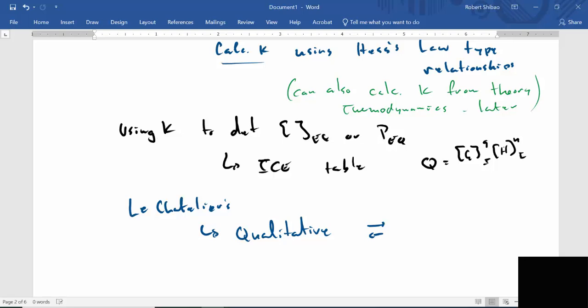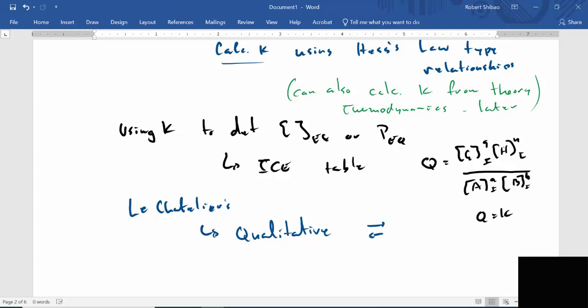So Q is a preliminary check to see if it's already at equilibrium. Because if the initial values give us a ratio that's equal to K, then it's at equilibrium. So if Q equals K, then we don't really need to do anything.